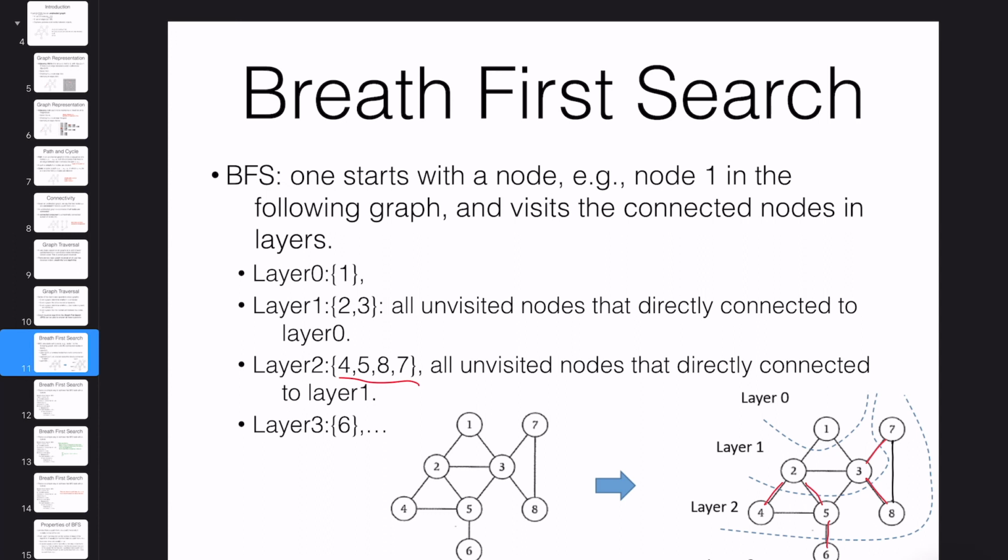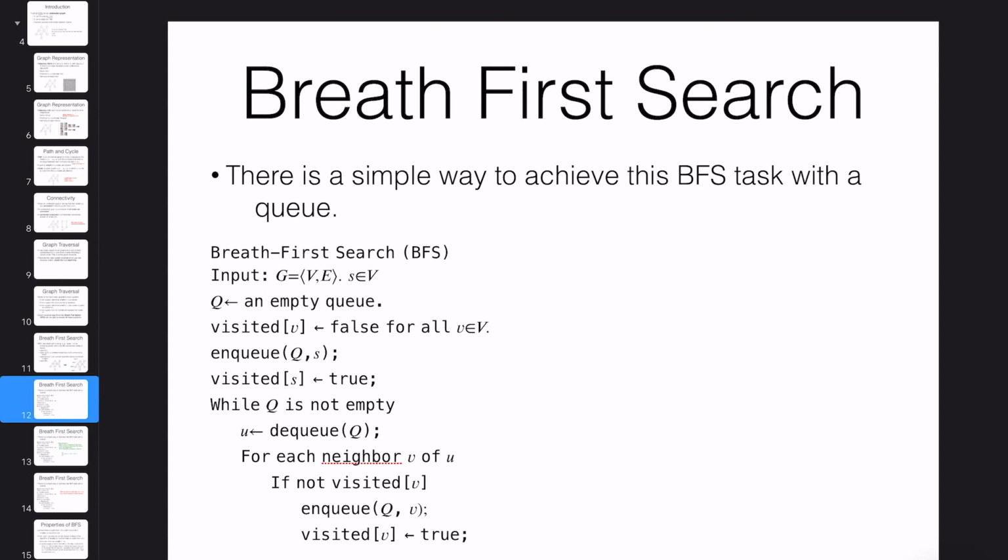When I am visiting 2, because 2 also has a connection to 1, you don't want to visit 1 again. So I have to store this information somewhere. That's why I'm using an additional Boolean array, let's call it visited, where the size of the array is equal to the number of nodes, and we initialize the visited value for all of the nodes to be false. You haven't visited anything, right?